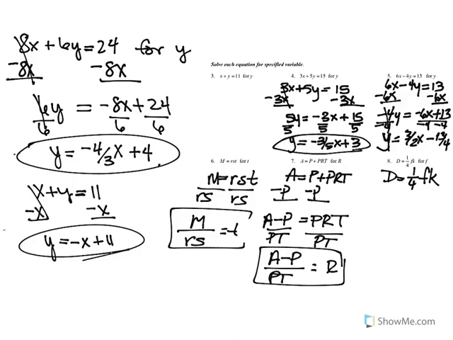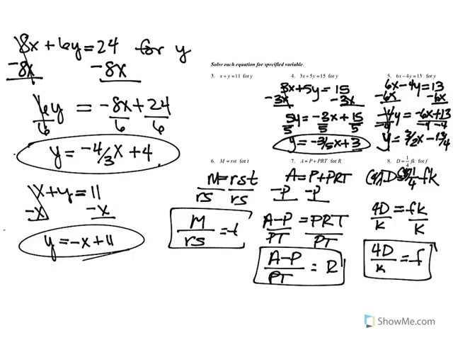So you would really multiply both sides of this equation by 4/1, or by 4. So we would get 4d equal to fk. We're trying to get f by itself, so we would divide both sides by k. So 4d over k equals f. And that's it. It's just a process.